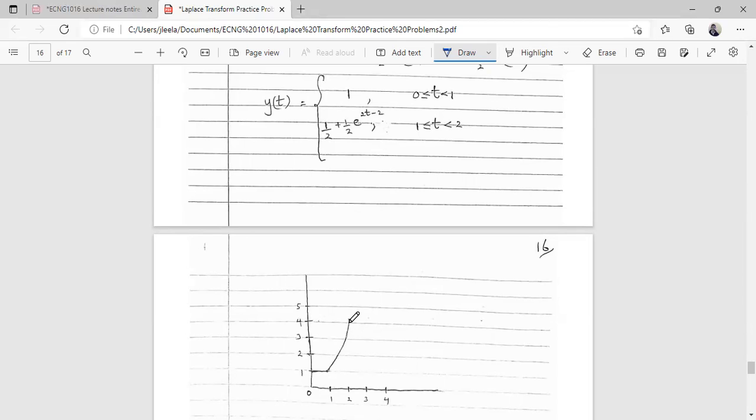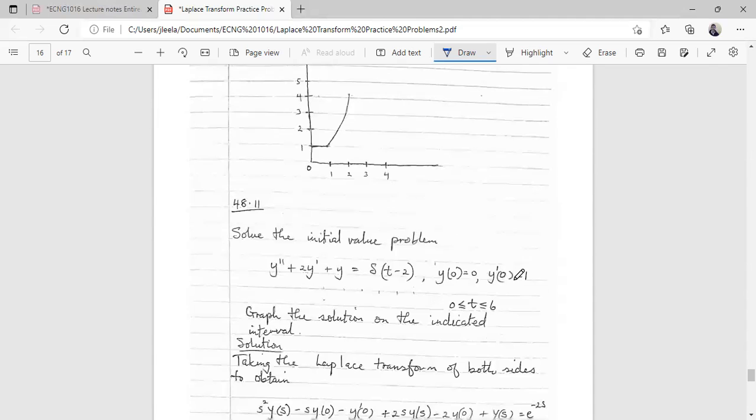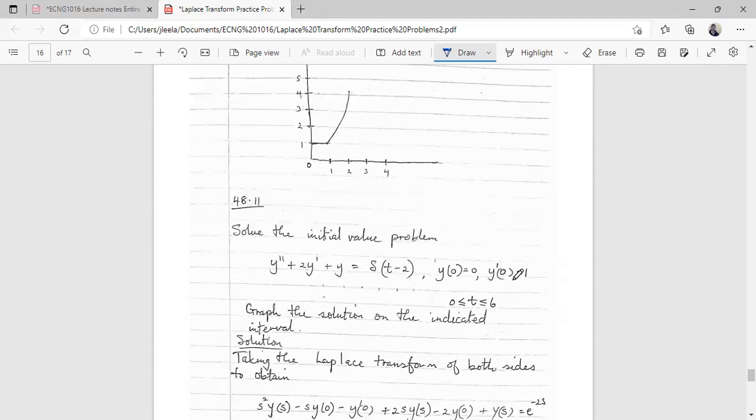Right? Because this part is exponential. If you plug in 2 here, you will see that e to the 2 by a half plus a half, you'll get a little more than 4 point something, right? So this is the shape of the graph here. Solve the initial value problem.